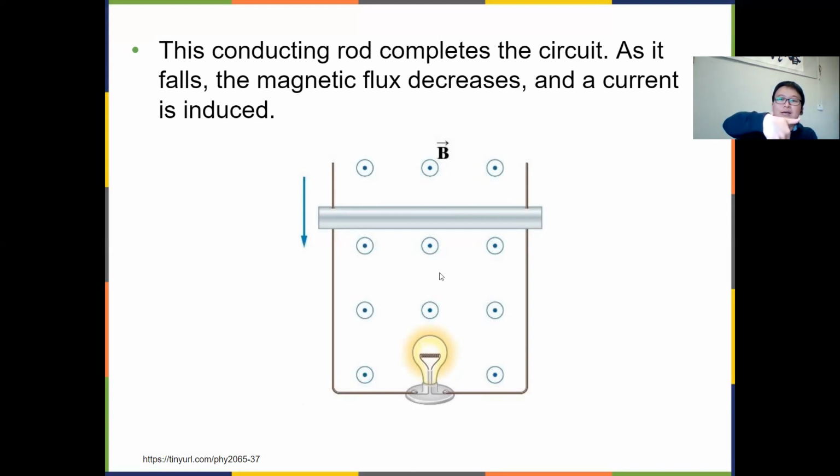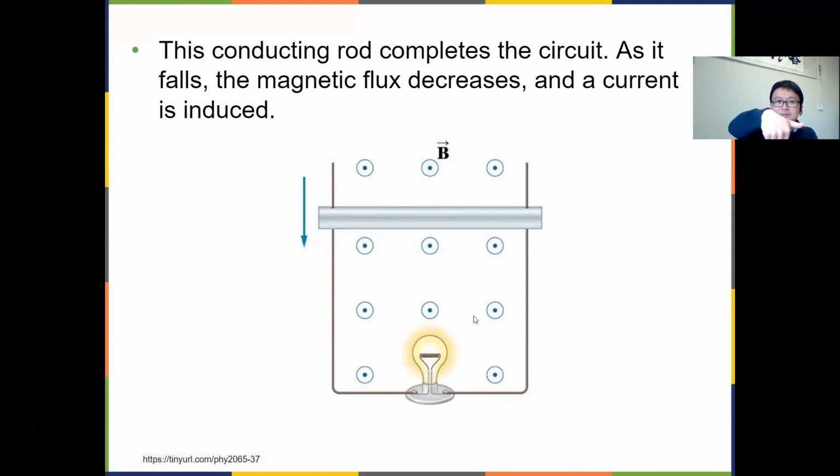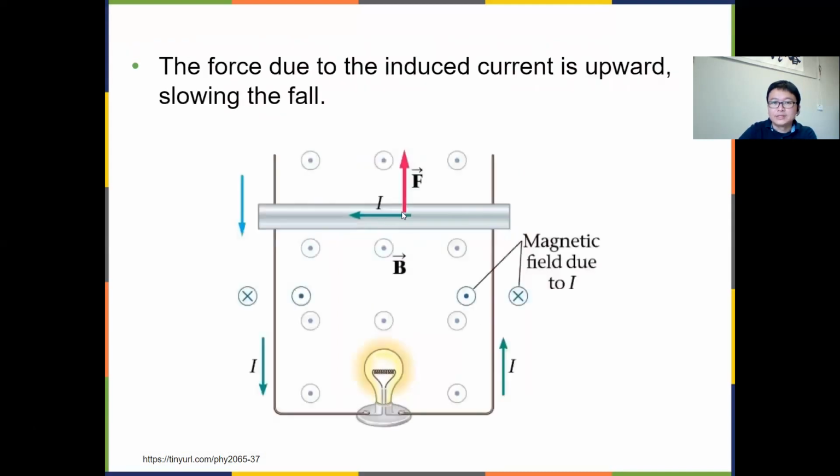So you can see, according to your right-hand rule, if the magnetic field comes out of the paper inside the loop here, then your induced current should be in that direction to the left. So that's the direction of the current, to the left. And because this current-carrying conductor is in the magnetic field, you will experience this magnetic force.